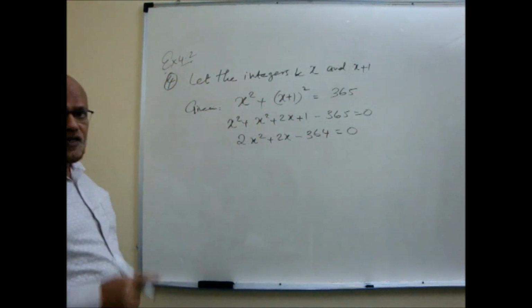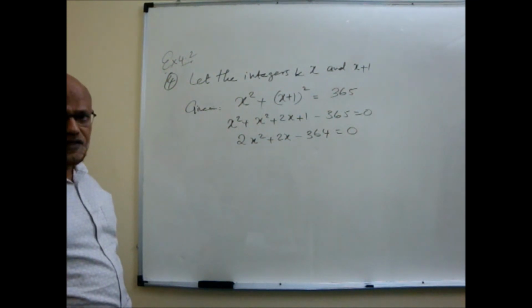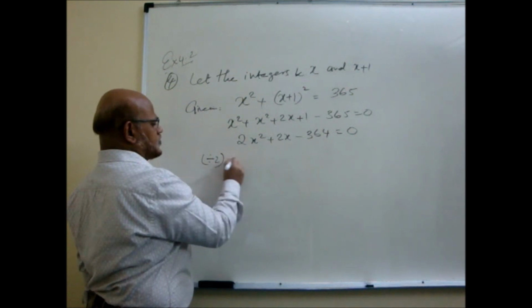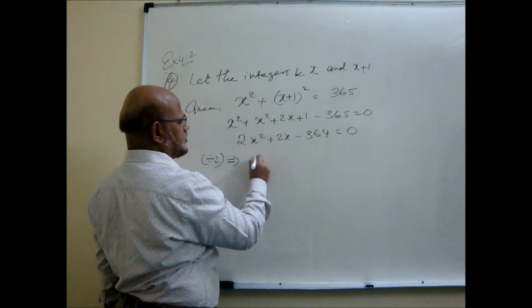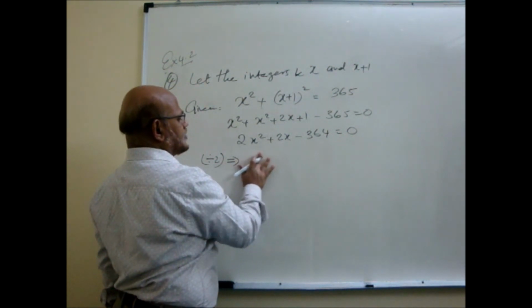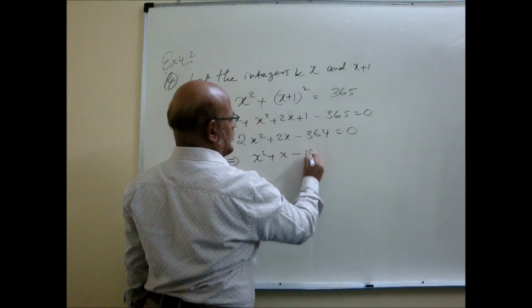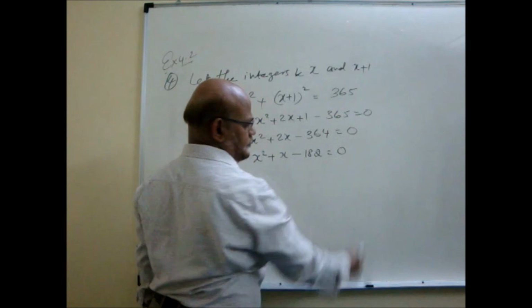Whenever any equation comes, if there is a common divisor for all the terms, divide by that and make it the simplest form. 2 divides everything, so divide by 2. I get here x square plus x minus 182 is equal to 0.